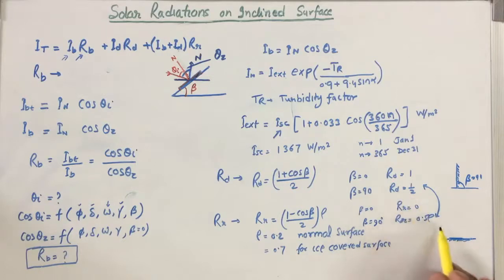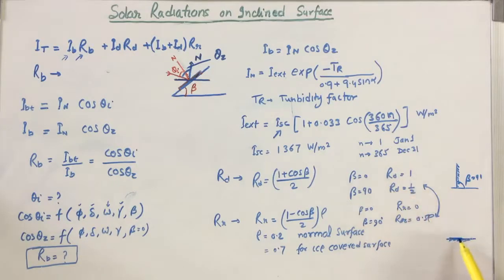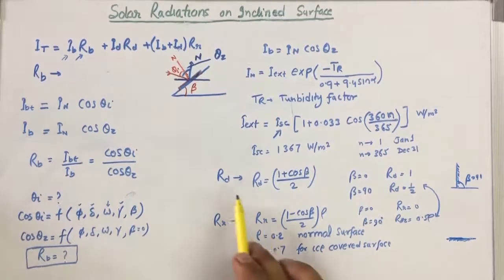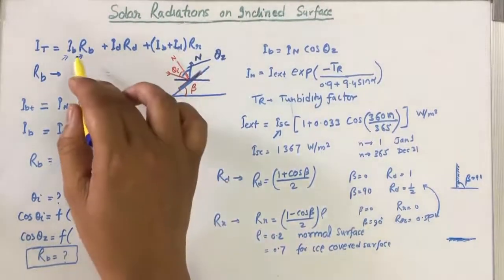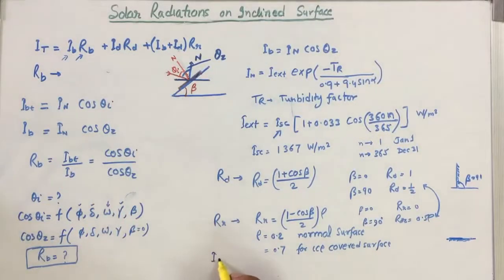So including this we can say the diffused radiations are received at their maximum by a horizontal surface. So in this way we came to know RD. This term is known, this term is known, this term is known. Now ID is required to know.